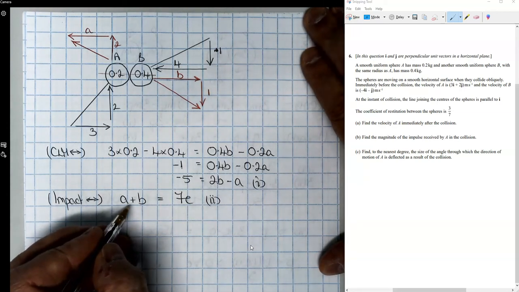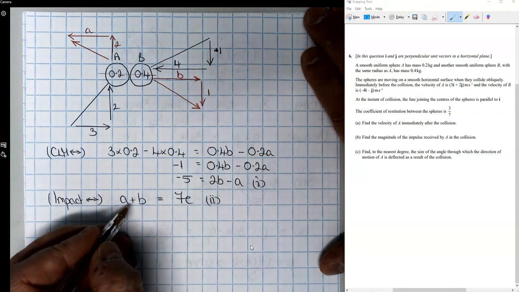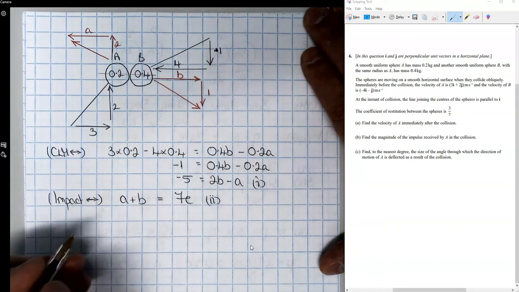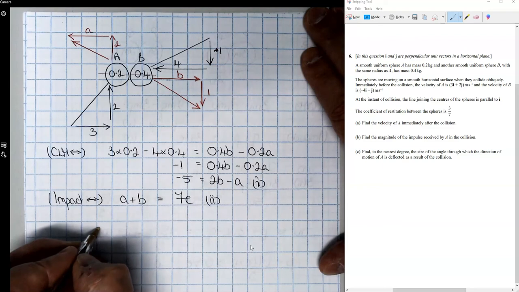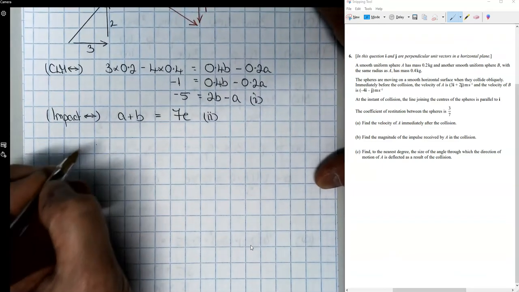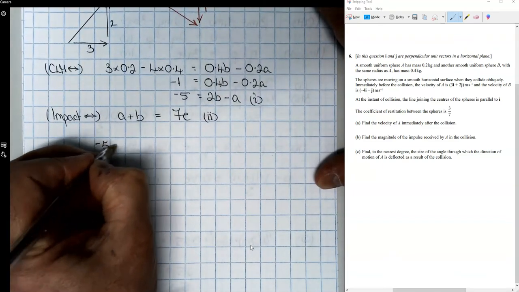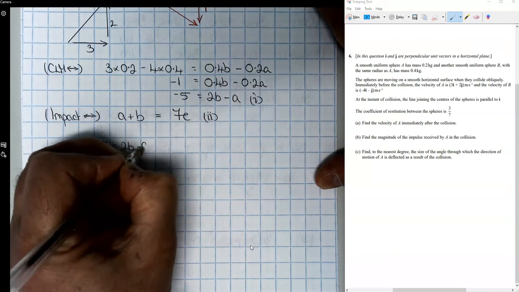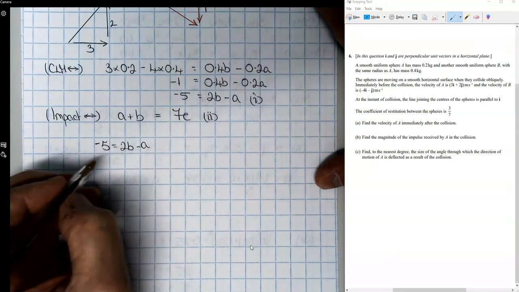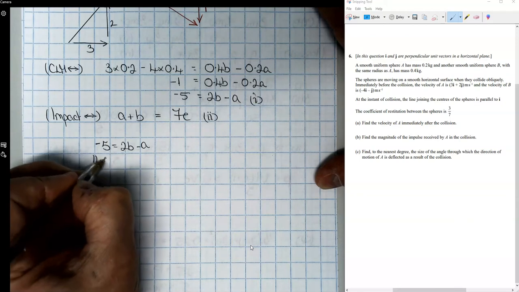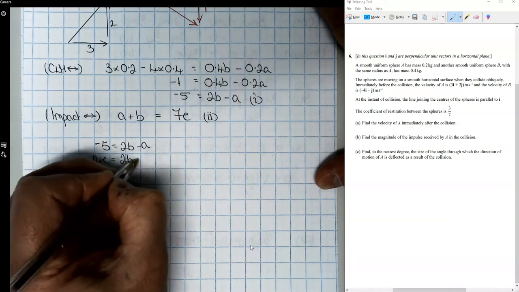I'm interested in one particular, the velocity of A. So it's A I'm trying to find. Okay, so I've got minus 5 equals 2B minus A. I know that 14E equals 2B plus 2A.